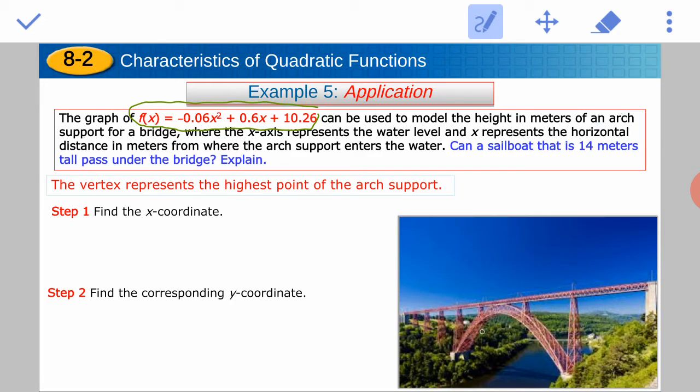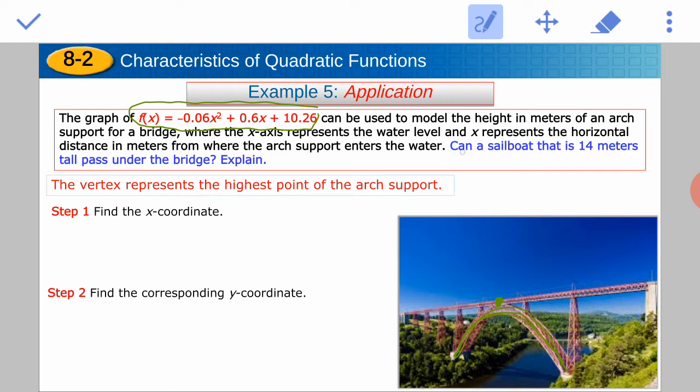Guys, if you look at this bridge, the support of the bridge is in the form of a parabola, in the shape of a downward parabola. Of course, this is going to be the vertex of the parabola, guys. Where x-axis represents the water level. So x-axis, guys, represents the water level. And x represents the horizontal distance in meters from where the arch support enters the water.